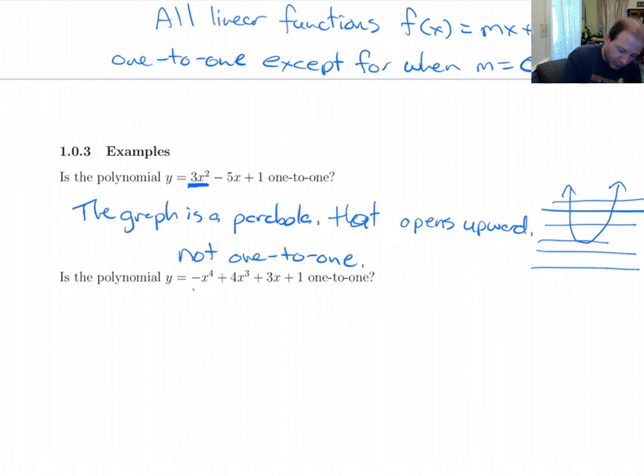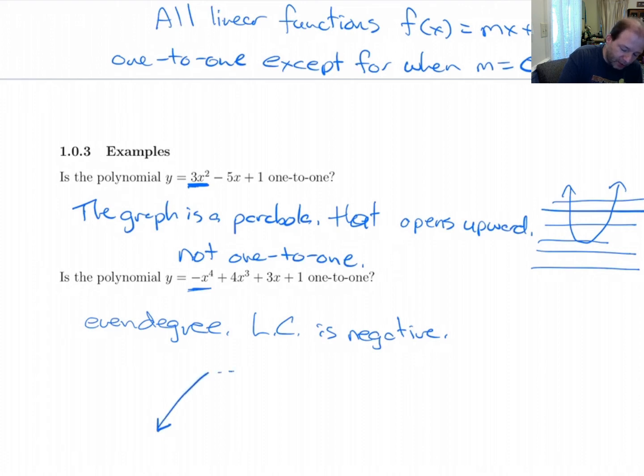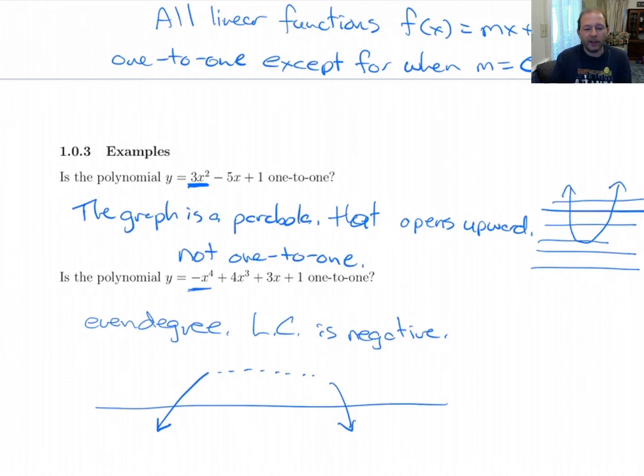So on this one, even degree, leading coefficient is negative. So that tells us that the graph is going to look like this. On this side, it's going to go down. In the middle, it's going to do some stuff, whatever. And on the other end, it's going to go down as well. So somewhere in there, if you go down far enough, you have to hit a place where the line touches it twice. So this is definitely not one-to-one.